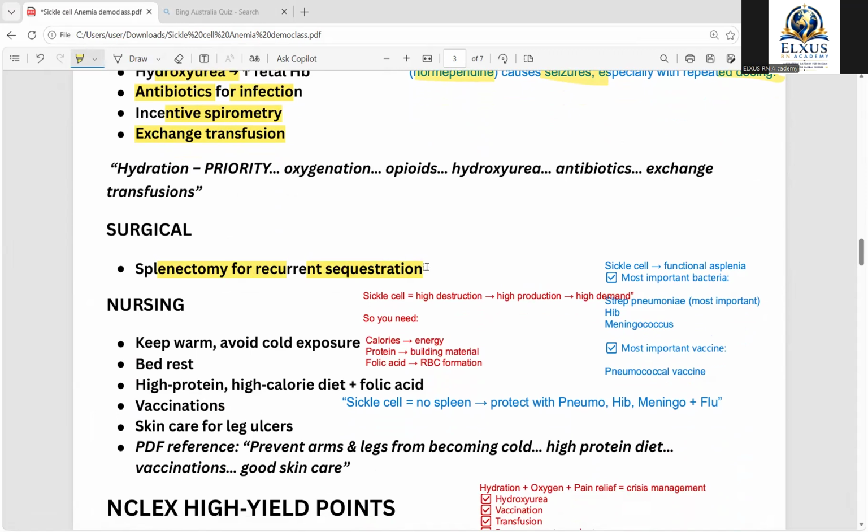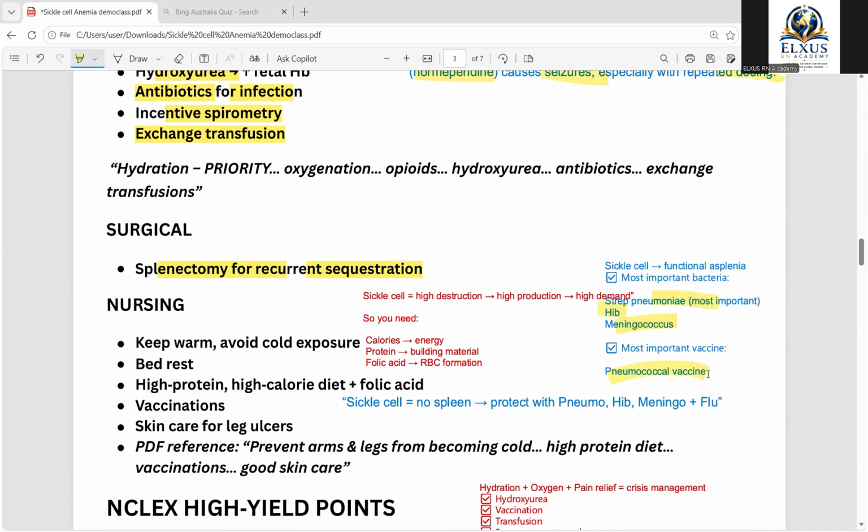That means functional asplenia can result, and the patient becomes immunocompromised and more prone to other infections, mostly Streptococcus pneumoniae, Haemophilus influenzae type B, and meningococcal. The most important vaccine we recommend for the patient is the pneumococcal vaccine, because the patient is more prone to infection.